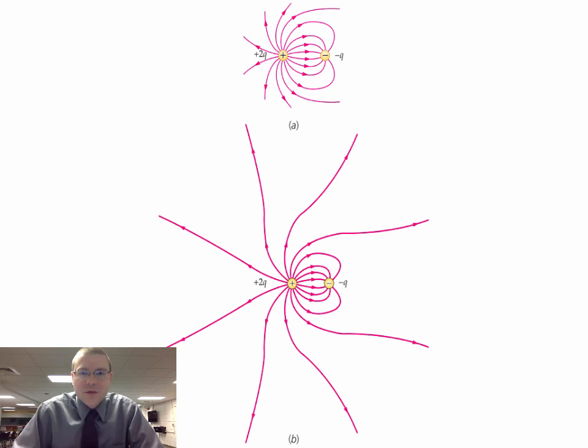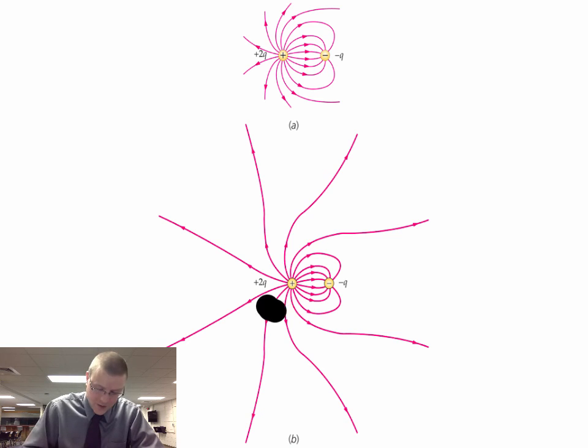So like in this example, we've got the positive and negative again. You can see that there's twice as many lines that come out from the +2 charge versus that -1 charge. And all the field lines that are going into the negative charge have emanated from the positive charge, but there's extra field lines left over.